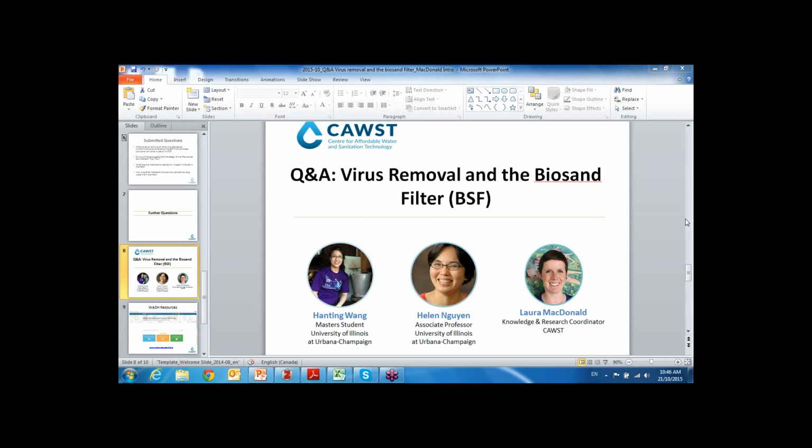But also, what's been studied has only been bacteriophages, so it's really hard to generalize to all viruses. But like I said, we are starting to look at human enteric viruses. So she does have a good point. We can't say that it'll work for everything, but MS2 is in general a good surrogate for enteric viruses.